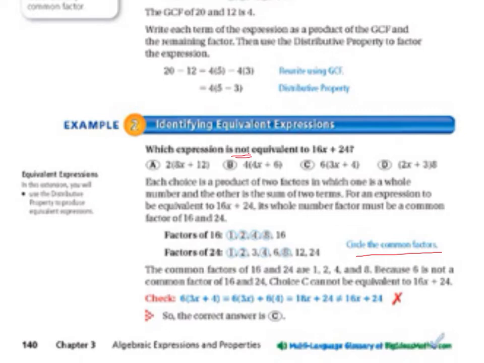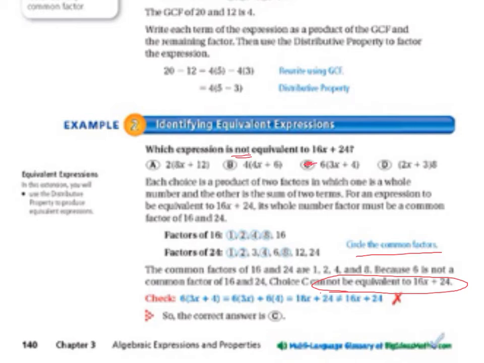The ones that are circled are 1, 2, 4, and 8. Since 6 is not a common factor of 16 and 24, choice C is not going to be equivalent to 16x plus 24. So since that's what we're looking for, which expression is not equivalent to 16x plus 24, then C is our choice. So we're going to put a little dot in C.